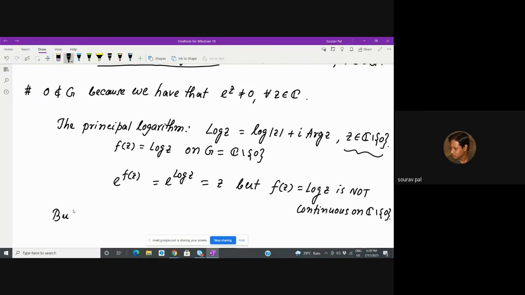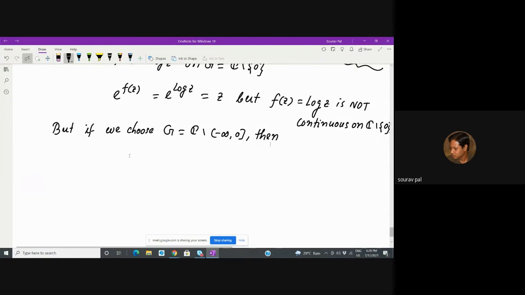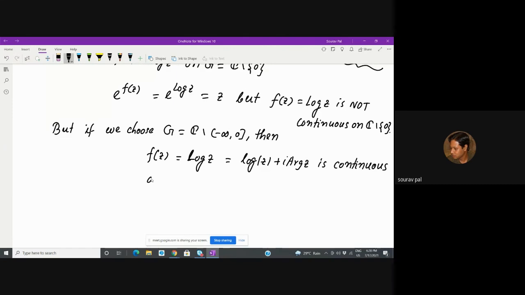If we choose G to be C minus this half line, then f is continuous on G, and also we have e to the f(z) equal to z for all z in G.